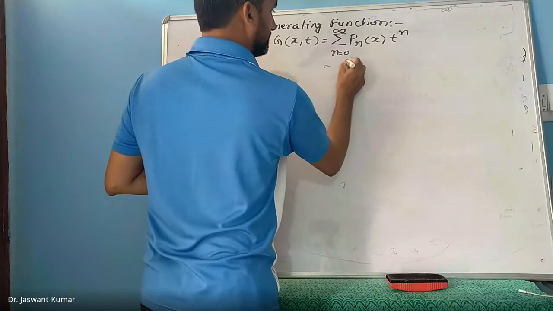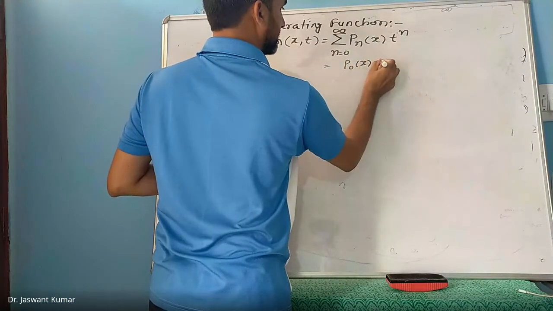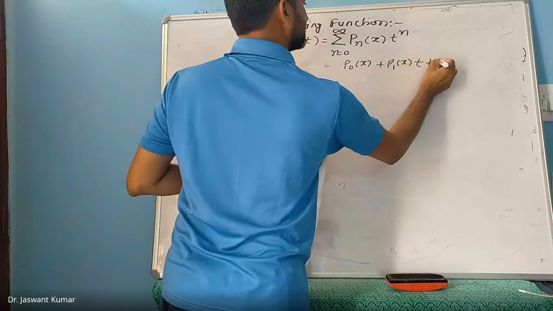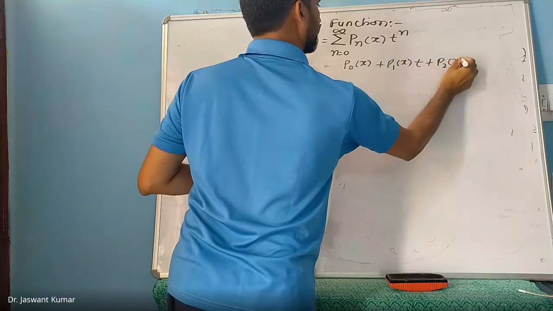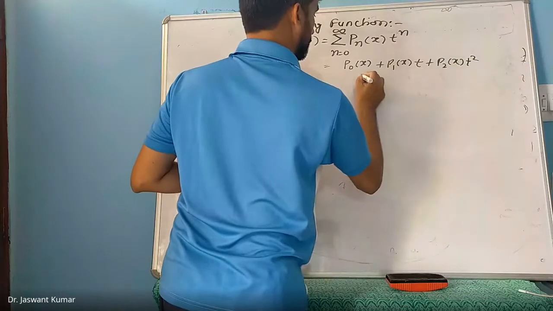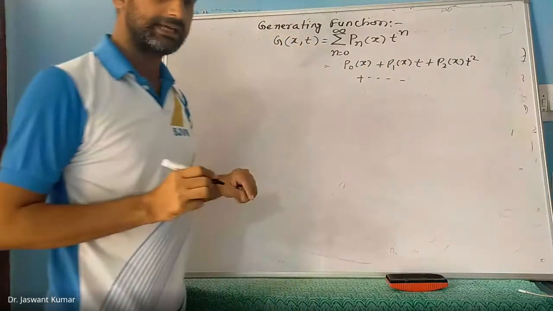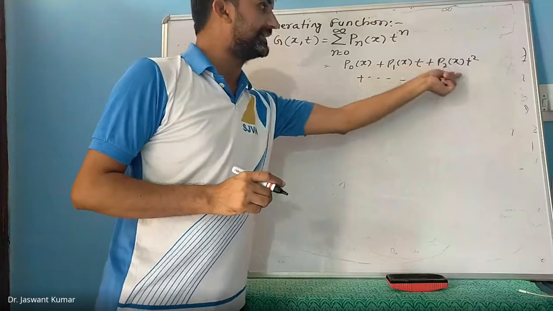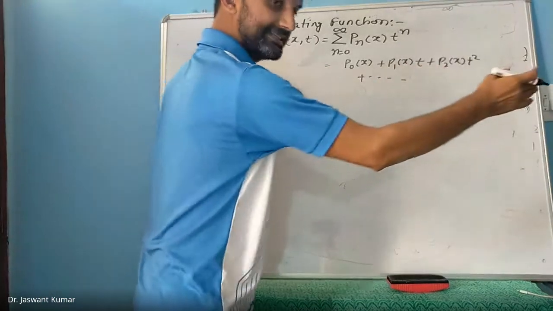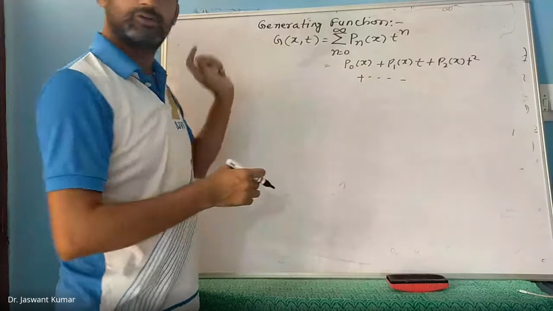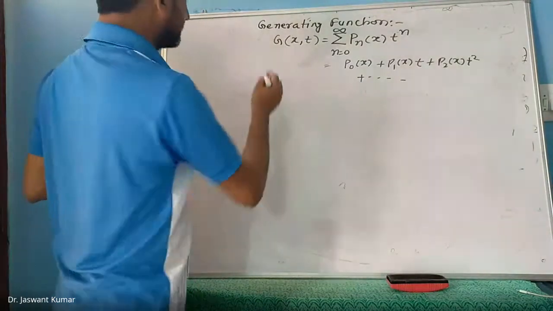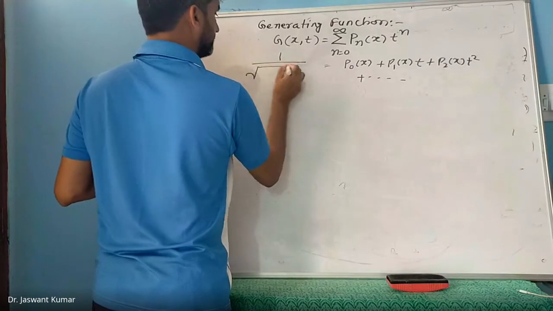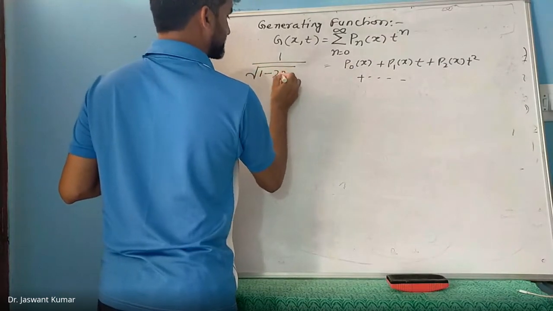This is like P_0(x) plus P_1(x) times t plus P_2(x) times t squared, and so on, plus P_n(x) t^n. If you know all these terms, then the summation of all of this will be equal to this. We know that it is equal to 1 by the square root of 1 minus 2xt plus t squared.